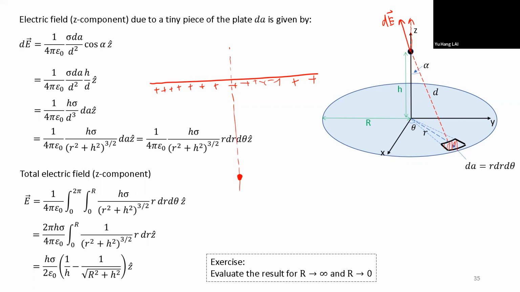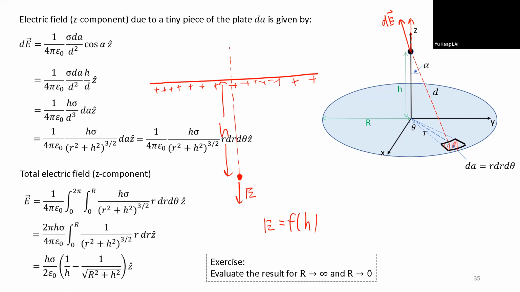So you could mathematically imagine that you can do integration, but this is actually easier because this is a single integral, not a double integral. So again, this is, let's say, h, and you will find the electric field, of course, will be some function of h. That makes sense.